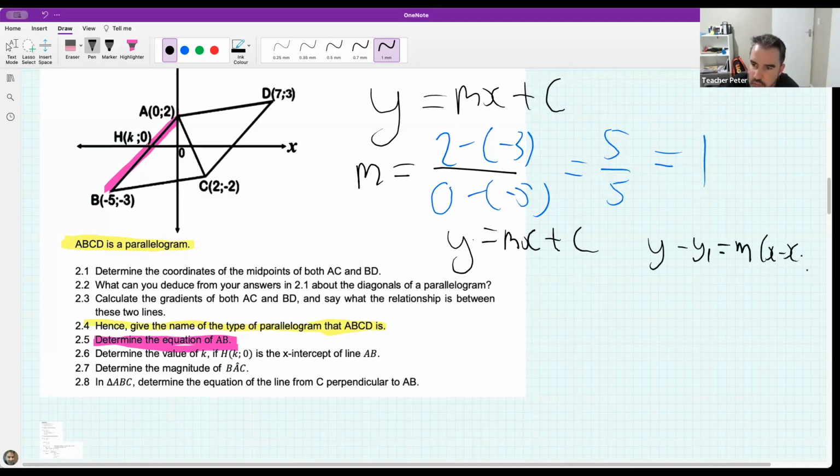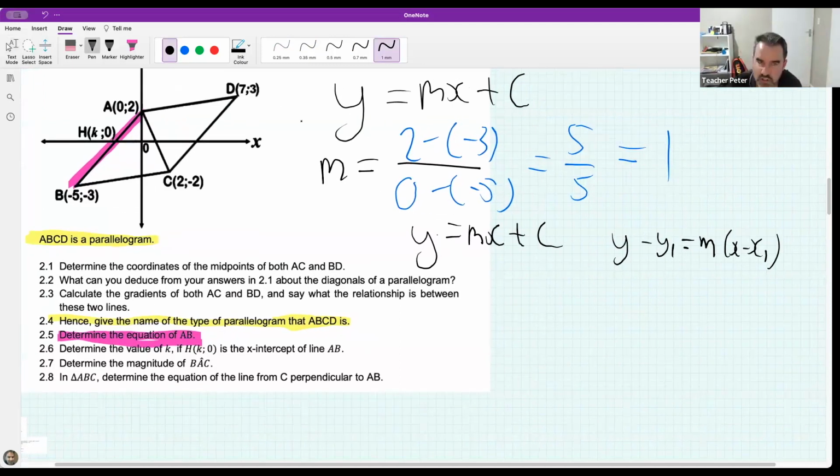And the answer is you can use either of them. It doesn't matter. I will show you both, actually, just to show you that it doesn't really matter which one you choose. But what is important is they both have a gradient in the formula, and then another point on the line. Both of them need another point on the line.